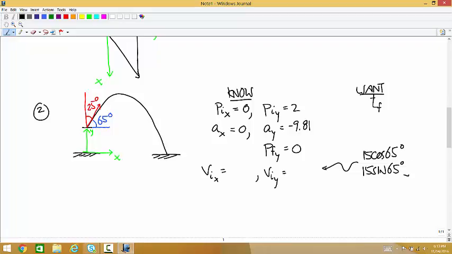Can someone tell me what those two are? 6.339 and 13.595. Okay, and then we don't know anything about the final velocity.